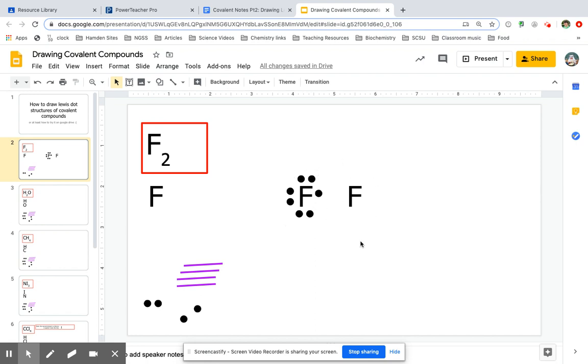We also need 7 for this fluorine. To make it faster, I'm going to click there and hold down my Shift key until I select each of those other electrons. Maybe that's too hard. I'm going to copy and paste those electrons there to there.